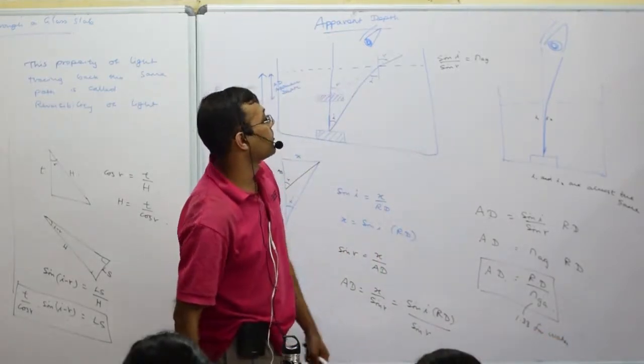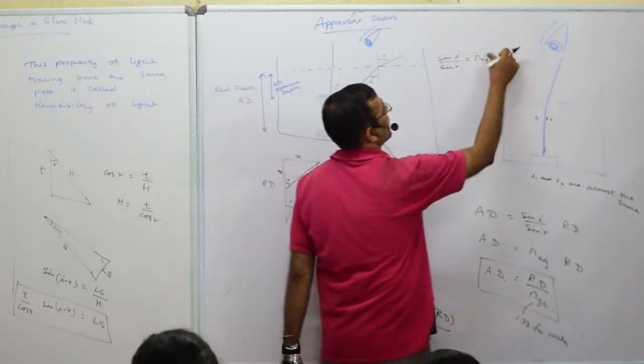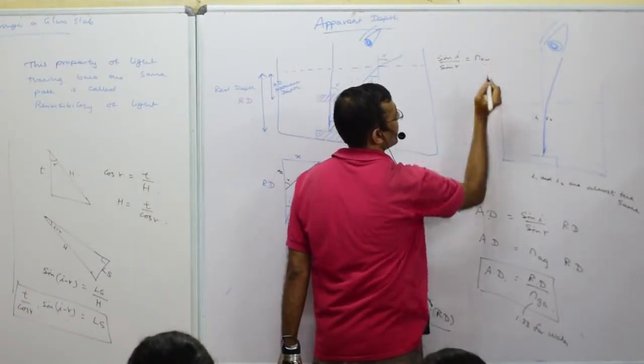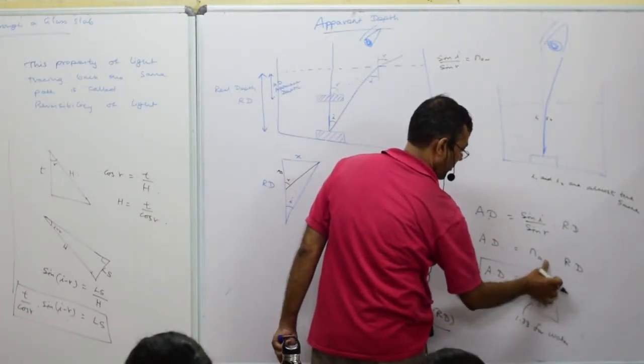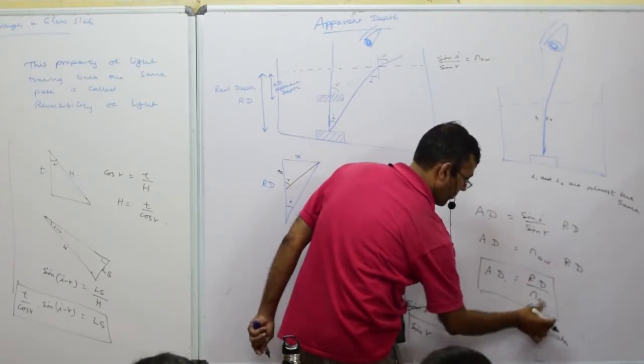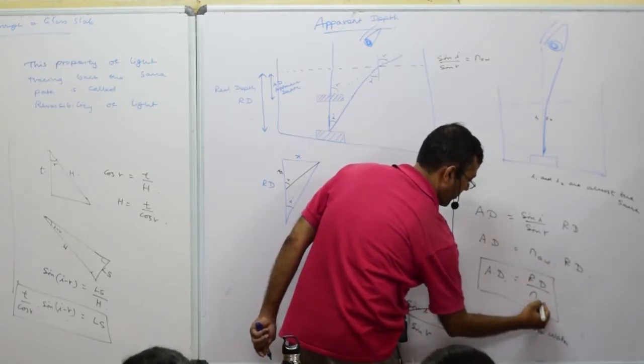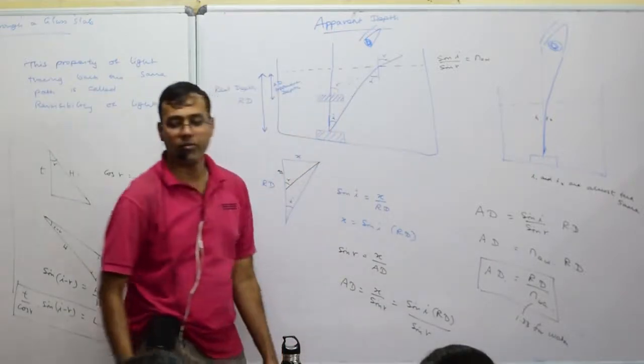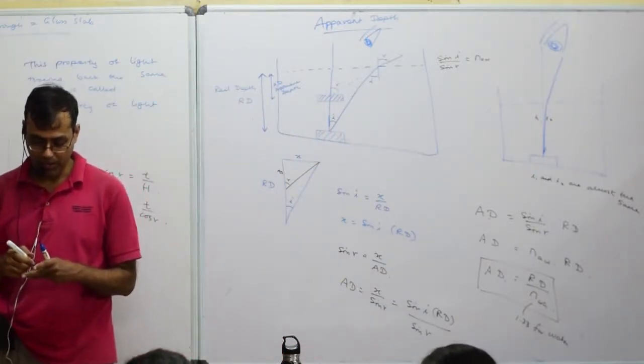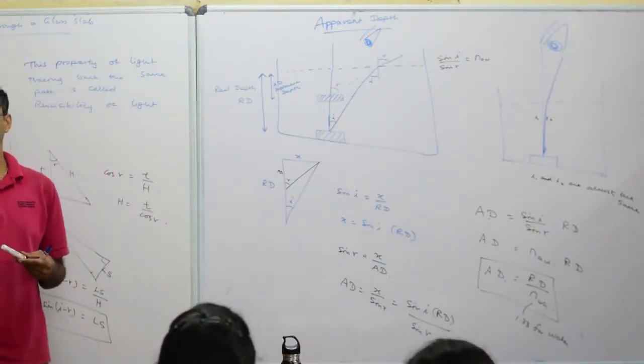I should have written it as W, right? G is for glass, this is water. Some books will use 1 and 2, but I prefer to call it AGW.